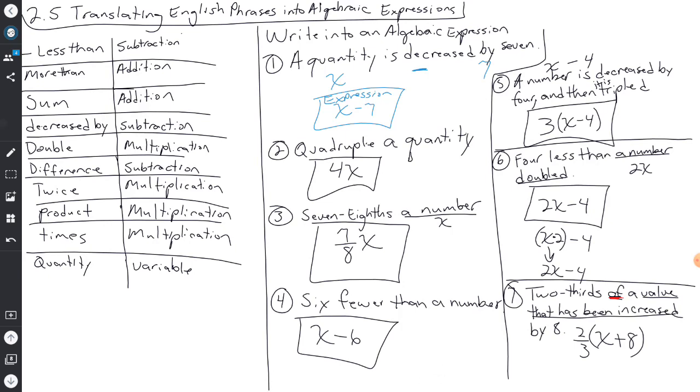So 2/3 of a value, which is x, that value has been increased by 8, so plus 8. Of is many times multiplication.